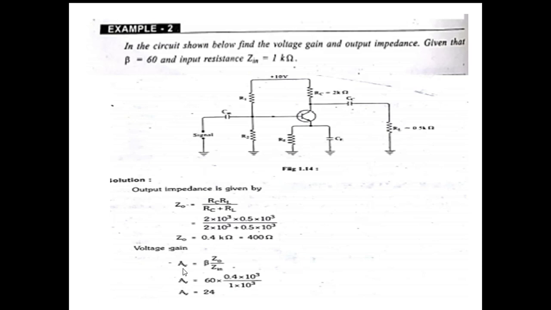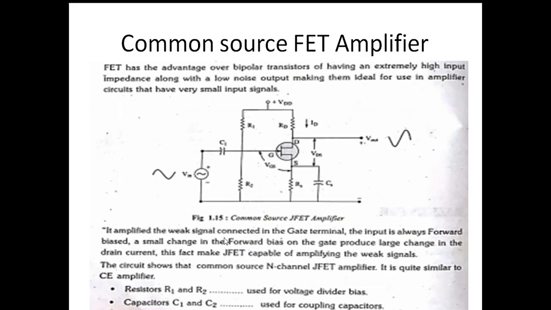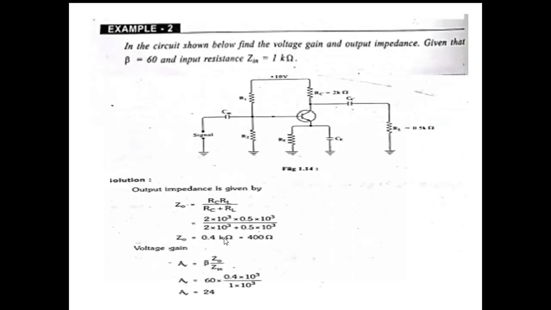Next, voltage gain is equal to beta into ZO by ZI. This is equal to, beta is 60, it is given. ZO is calculated just now, this is 400. ZI is given, 1 kilo ohm.